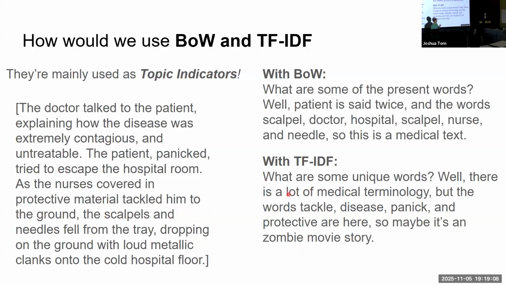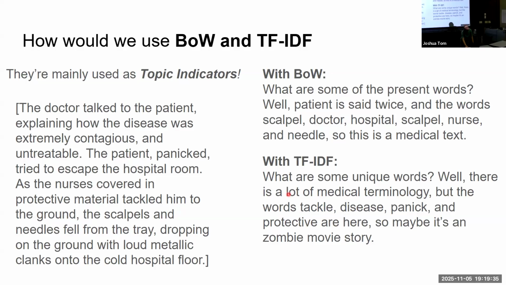So panic, tackle. Hey, maybe there's more information to this text than just being a medical document. So that's how bag of words and TF-IDF differ. These are very basic representations of a text, and there's only so much information you can get from them. But this is without doing any weird multiplication matrix thingies.